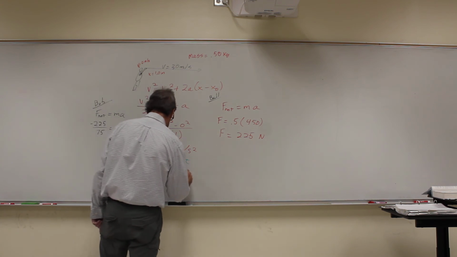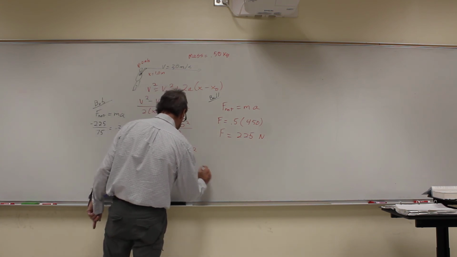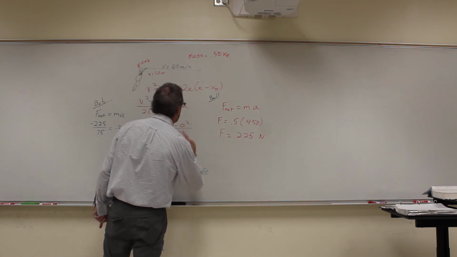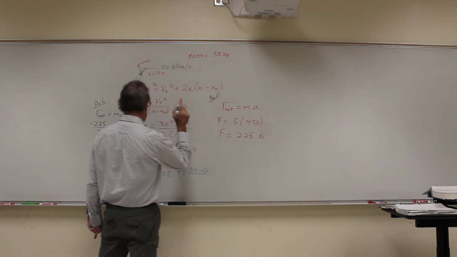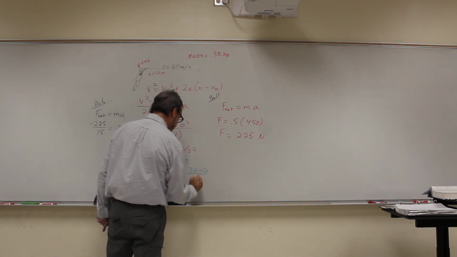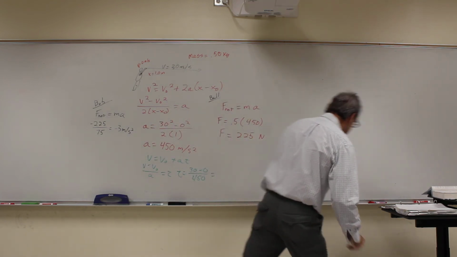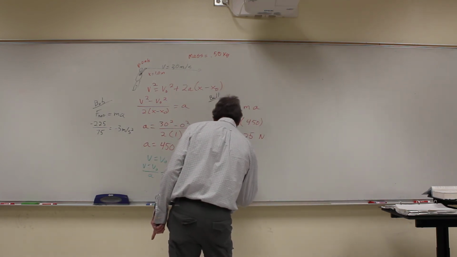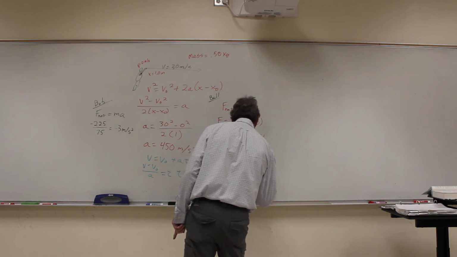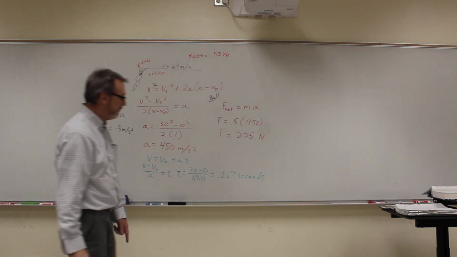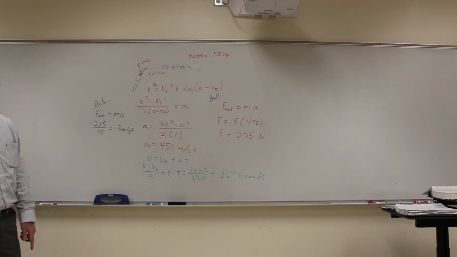Or t is equal to the final velocity of 30 minus 0 over my acceleration, which was here, 450. And you get that the time, in this case, is 0.067 seconds. So that's how long it takes him to throw the ball.